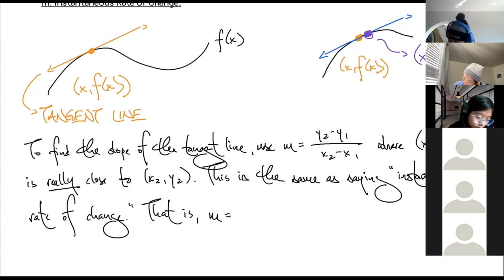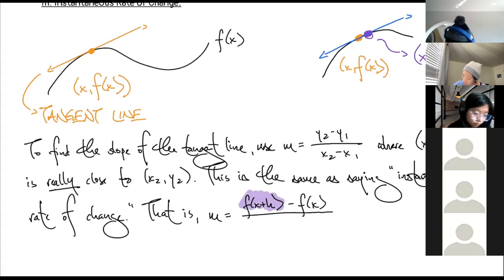Slope equals, okay, instead of y2, I'm going to write f of x plus h. Instead of y1, I'm going to write f of x. So we've got this y value from our second point and this y value from our first point.